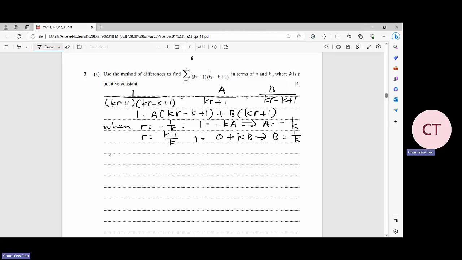Split them as partial fractions. That means this series, a bit long, kr plus 1 times kr minus k plus 1, can be separated as: I will take the 1 over k out, then put the positive in front, then the negative at the back.